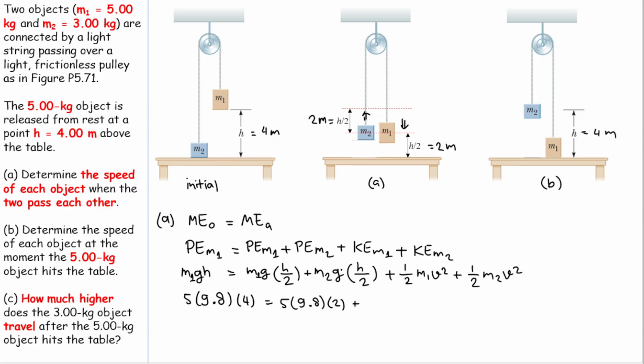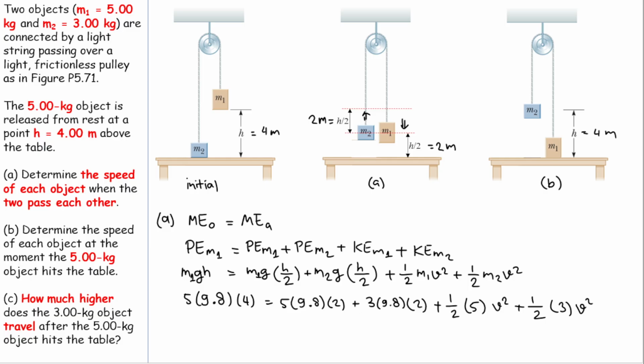Plus, for g M2, M2 is 3 kilograms, so 3 multiplied by 9.8 multiplied by 2. And then plus 1/2 times 5 times v squared, plus 1/2 times M2, which is 3, times v squared.